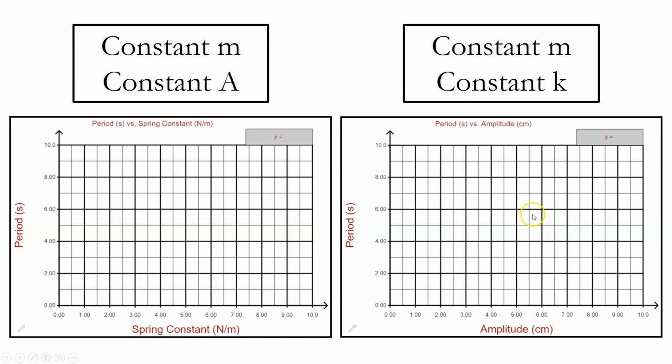And using good experimental procedure, we're going to hold the other two things constant. So those are really the next two things we'll investigate, because there is quite a bit of evidence from the data that something else or two other things are having an effect on the period. And so we want to isolate those variables in the next few experiments.